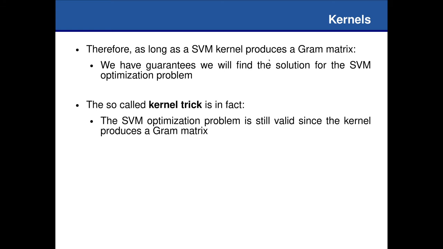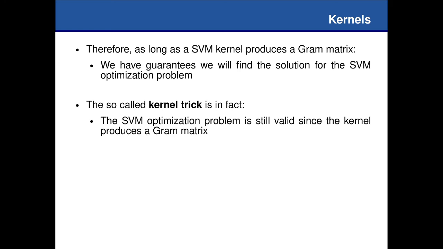Therefore, we have guarantees that you find the solution for the support vector machine optimization problem. If you don't have a Gramian matrix, you do not have the guarantees for support vector machine solutions. You're going to get some solution that's not going to be good. I can tell you, it's going to be just a poor result.